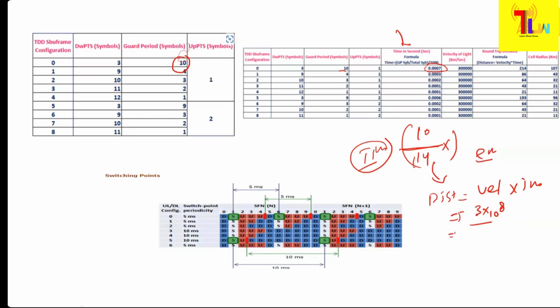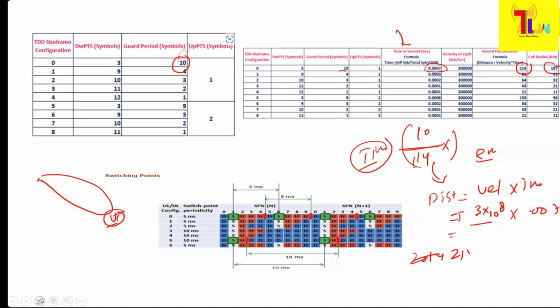Those constants we can add, but as a concept, 3 into 10 to the power 8 multiplied by this time, 0.0007, comes to around 214 kilometer. But this is a round trip, because the signal goes, reflects, and the UE is coming back. So for one way it will be around 107 kilometer.